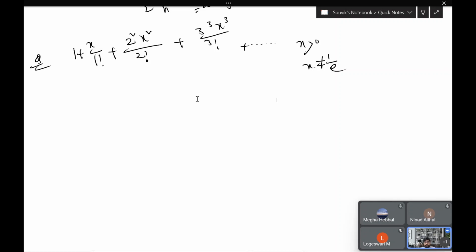Let me know whether you're getting any idea how to approach this problem, or should I give the hint?